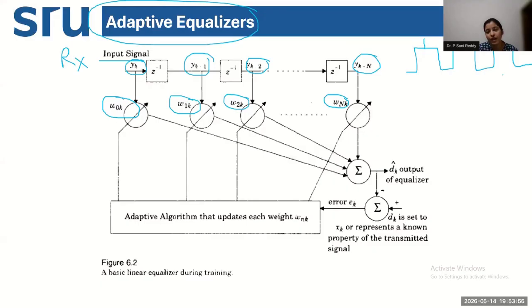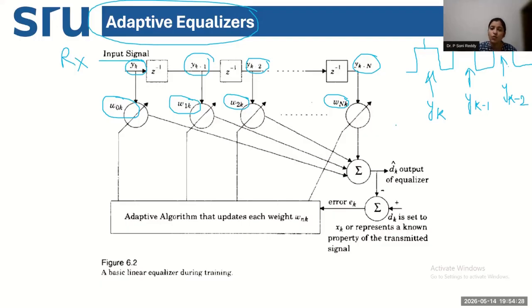If I am currently transmitting this symbol, but I have already sent these two, this is my yk, the current symbol being transmitted. The exact one step before is your yk minus 1. That means the previous one that has already been sent. And this is yk minus 2.